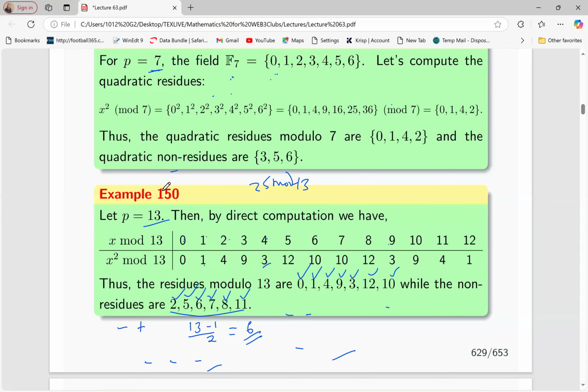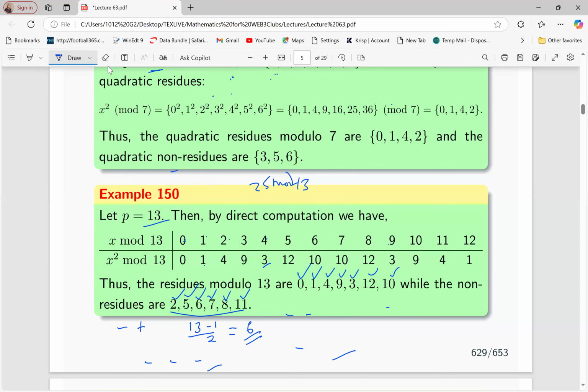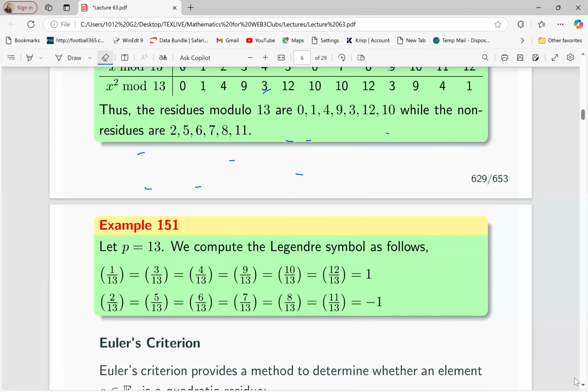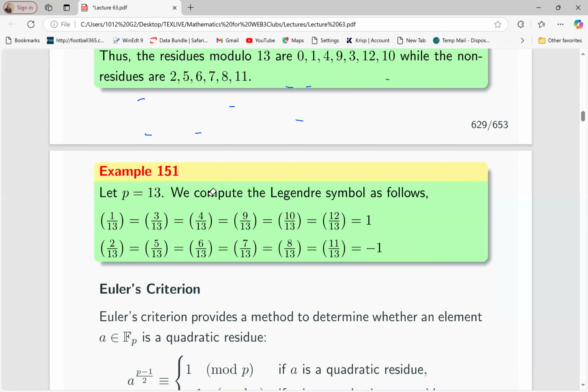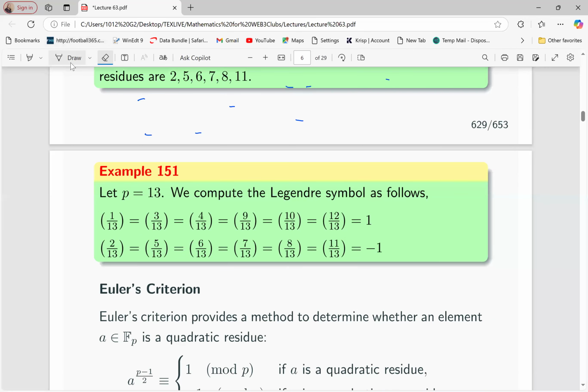And that is now the formula. I'm trying to look at the formula for the Legendre symbol, so that we now look at the next example. So the Legendre symbol is here.